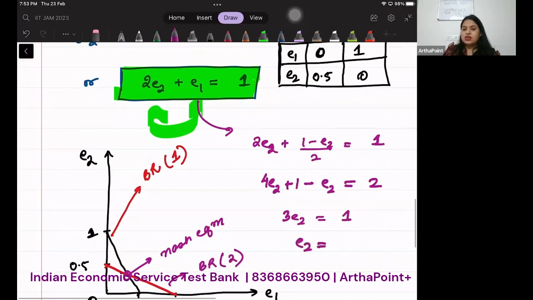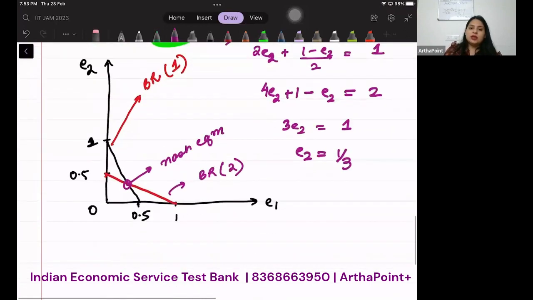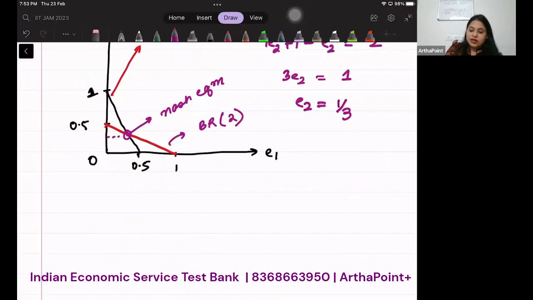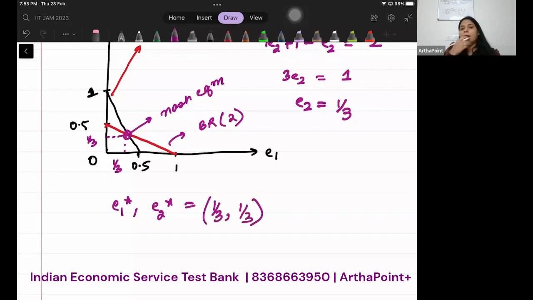E2 is 1 by 3. So the value of effort 2 is 1 by 3. Here also you will get 1 by 3. So each agent will put in how much effort? 1 by 3, 1 by 3. This is how you can find the equilibrium in this case.